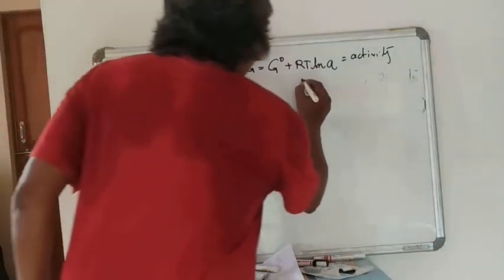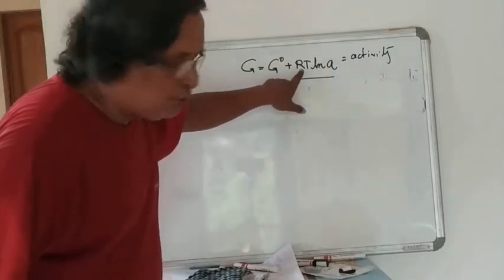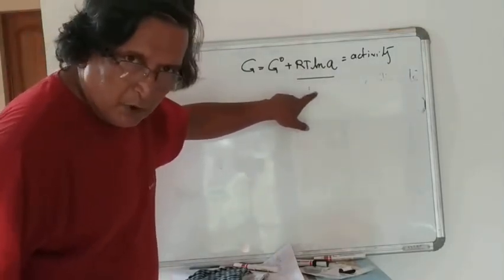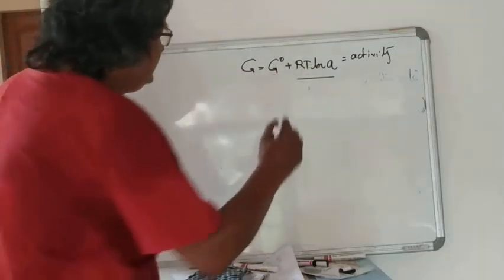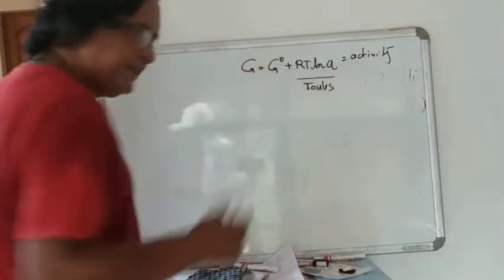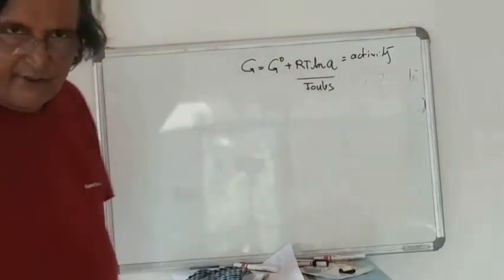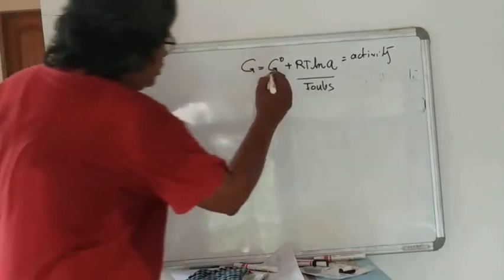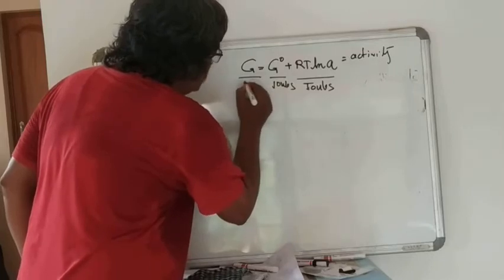What is the unit of this term? R, I told you, is joules per Kelvin per mole. So multiplied by temperature, this term is joules per mole. Because activity is a dimensionless quantity, it doesn't have any unit. So if this is joules, then this is also joules, and this is also joules.